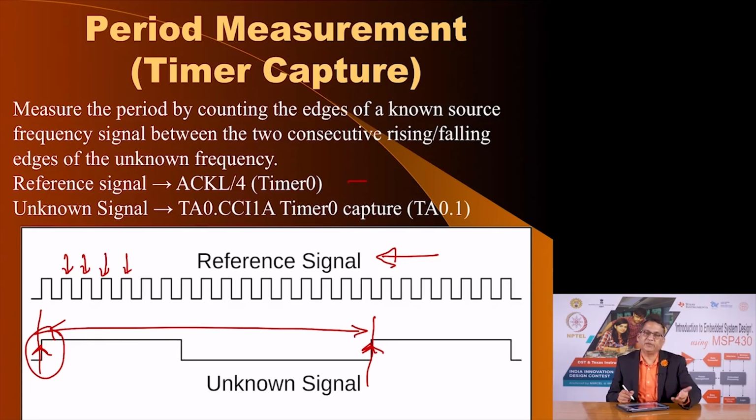We know the timer is being clocked with ACLK divided down, so we know the period. Once we know this second count, we take the difference from the first count and multiply it with the period of this reference signal, which is 1 by 4096, because the frequency is 4096 hertz. You will get the period of the unknown signal, and then mathematically you can calculate the frequency also.